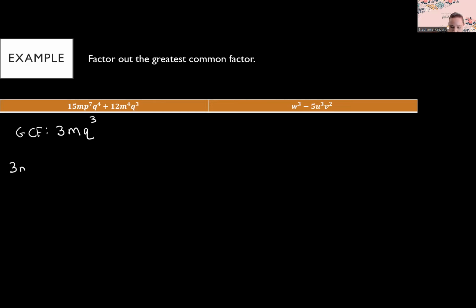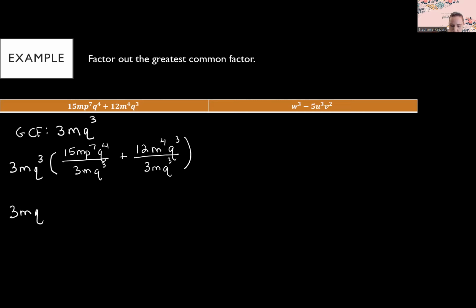So I have 3m q cubed, and I divide 15m p to the 7th q to the 4th over 3m q to the 3rd, plus 12m to the 4th q to the 3rd divided by 3m q to the 3rd. So 3m q cubed. 15 divided by 3 is 5.